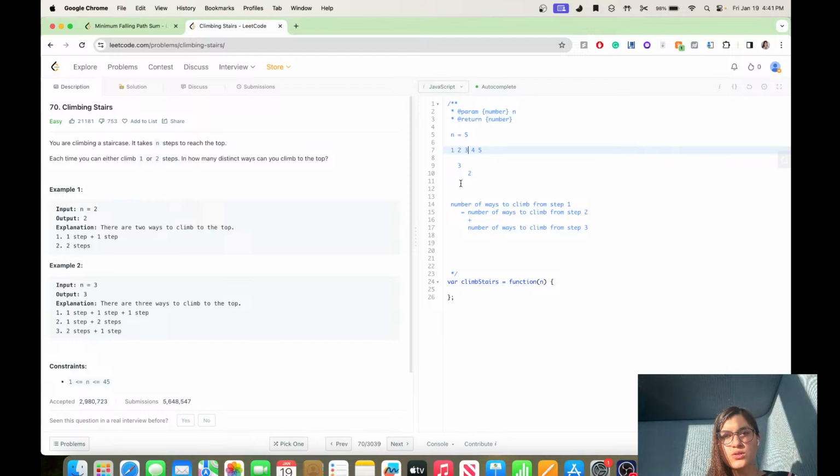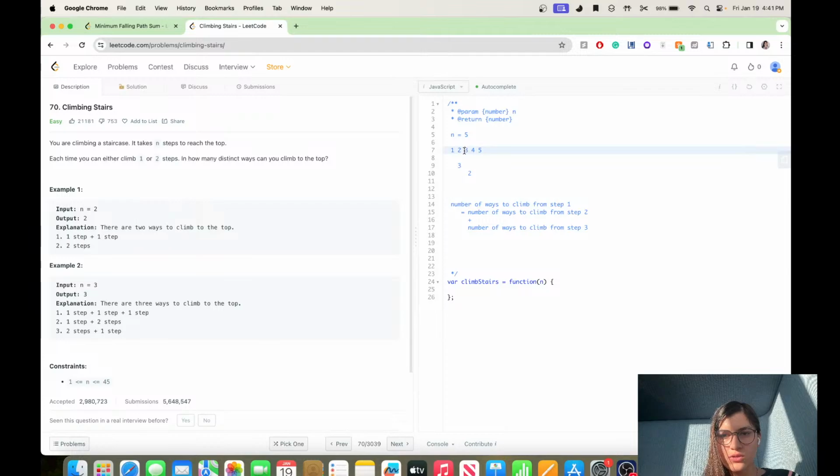So it means that the number of ways to climb from step 1 will be, if I go through route 2, then there will be 3 ways.